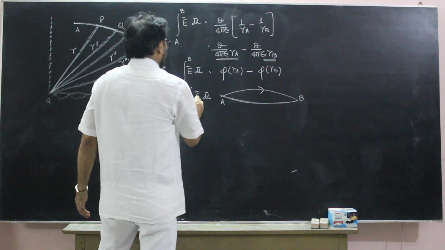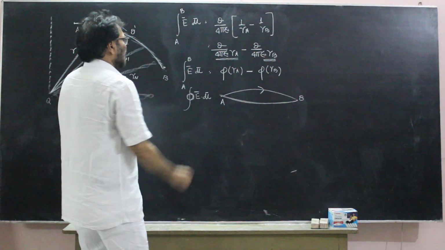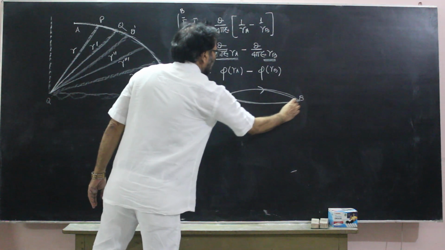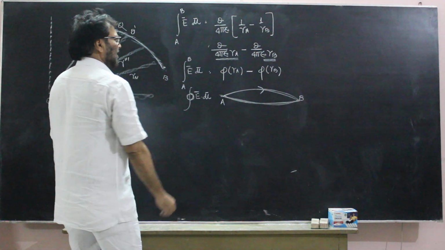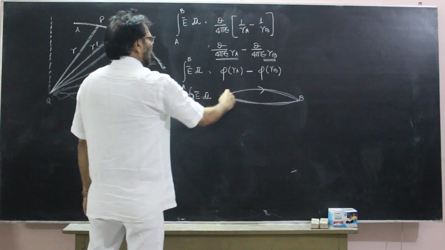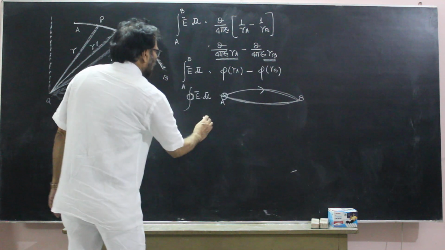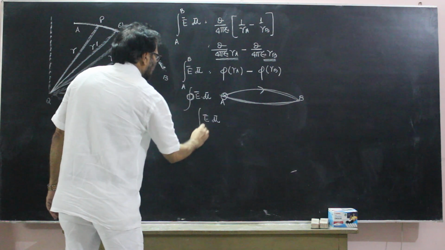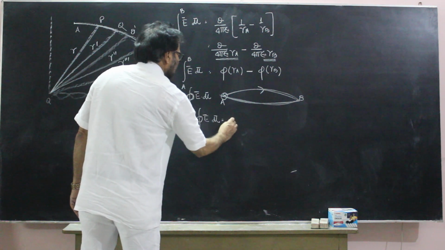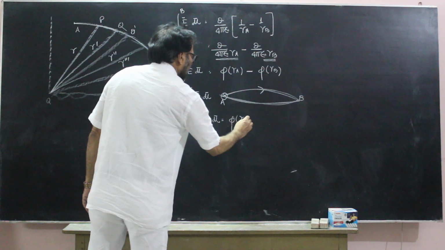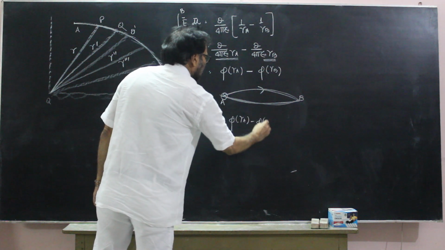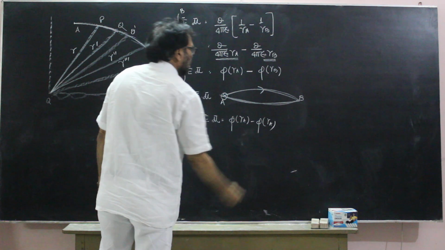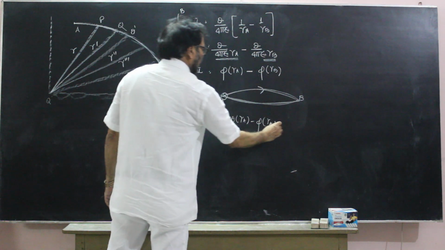आपके इनिशियल और फाइनल दोनों पॉइंट एक हैं, जहां से चले आप वहीं पहुंच गए, इसी को साइक्लिक प्रोसेस कहते हैं। तो पहला पॉइंट भी A है और दूसरा पॉइंट भी A है। What is E dot dl for a cyclic process? E dot dl for a cyclic process is phi RA minus phi RA. The second point is also A, and hence it is 0.